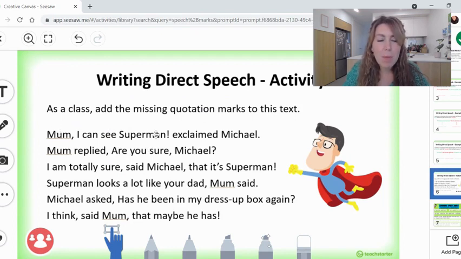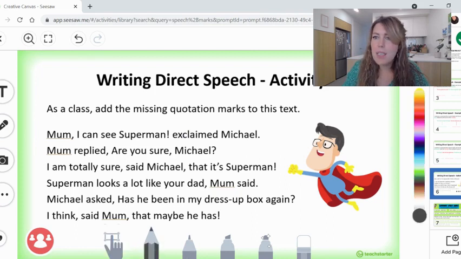"Mum, I can see Superman!" exclaimed Michael. You'll need to figure out in that sentence which part is the character directly saying something and which part is the narrator telling us which character is speaking. So you will get the pencil or the texter, and red would be a great color to use.